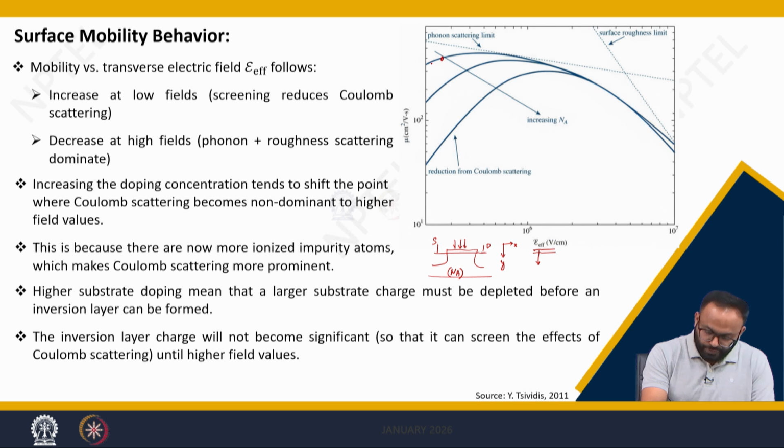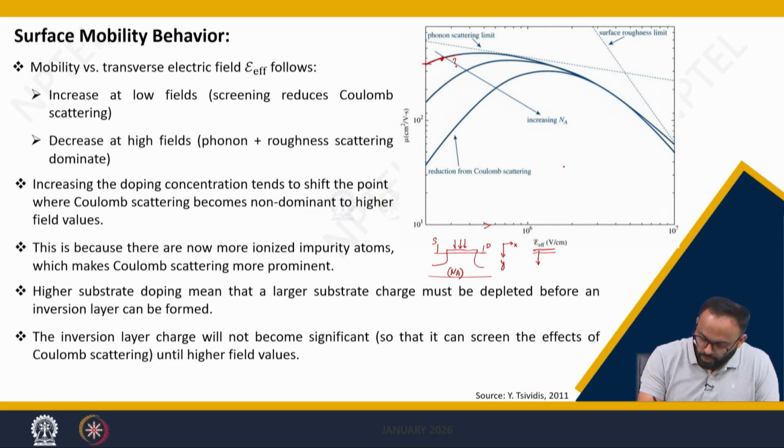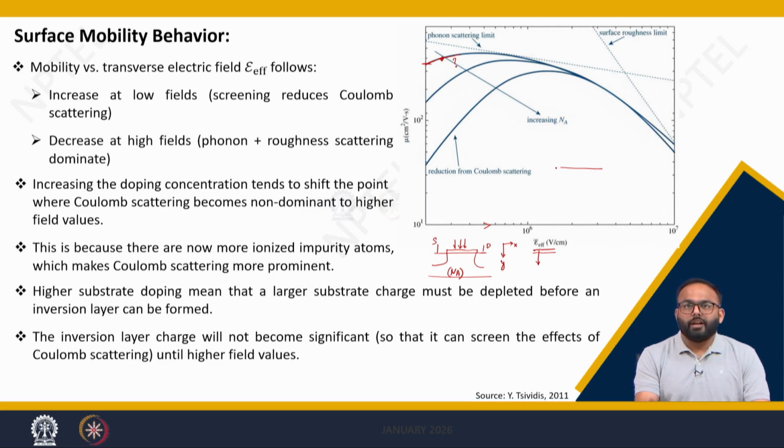First, due to Coulomb scattering, the mobility is lowered, but when you move towards higher values of E effective, or when you increase the gate voltage, the mobility increases. Why is this so? Because of the screening effect. The inversion charges screen the effect of Coulomb scattering, and hence the mobility increases.